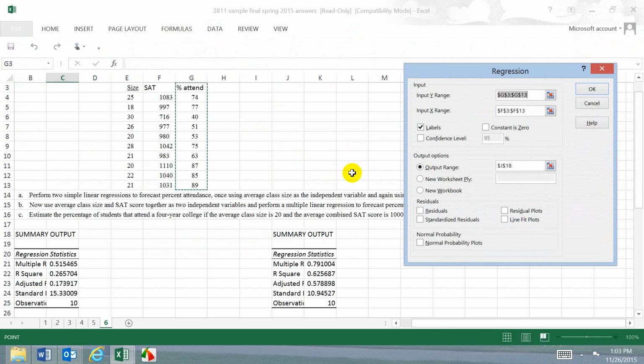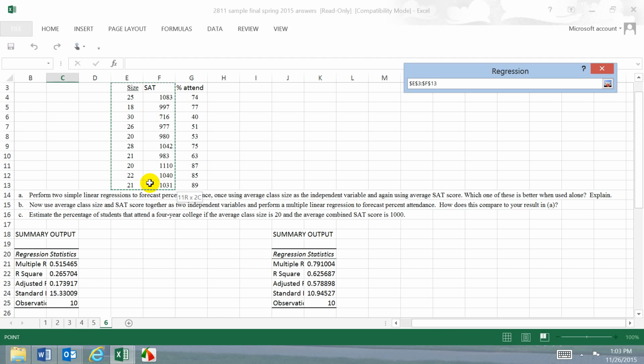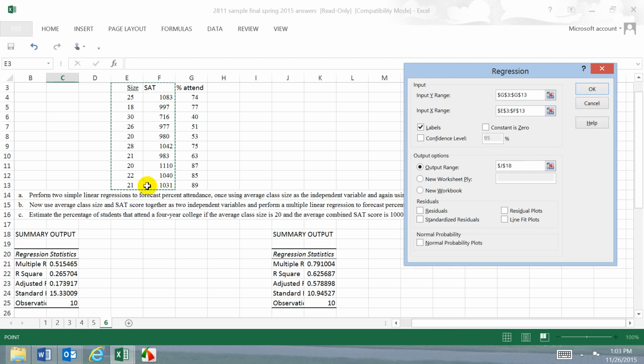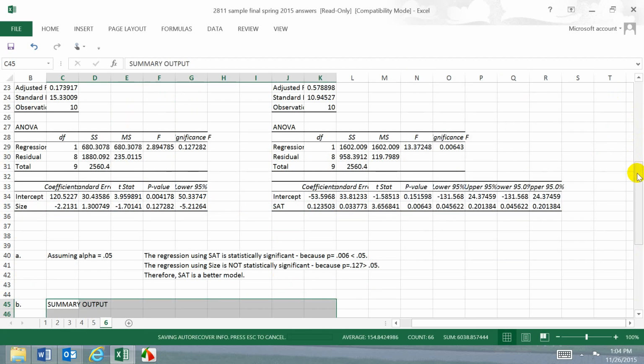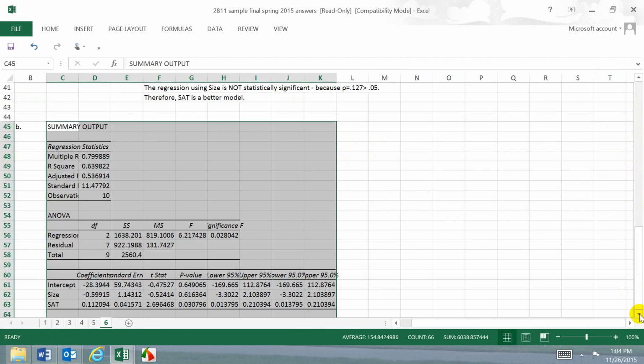We're still trying to predict the same thing, but now the x variables are going to be both of them together. Remember that these two have to be contiguous. The two x variables, the 2 independent variables, have to be in contiguous columns in order to do this. The labels are still there, and let's put the output right underneath. So we'll put the output there, and now we have a multiple regression.